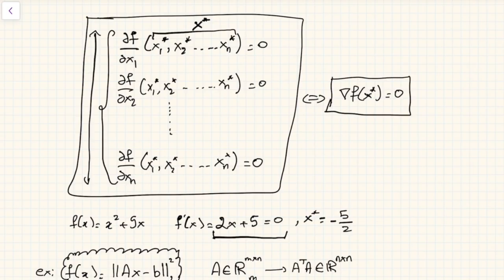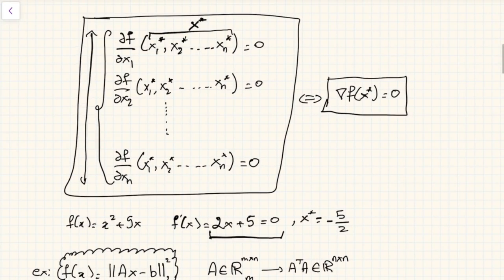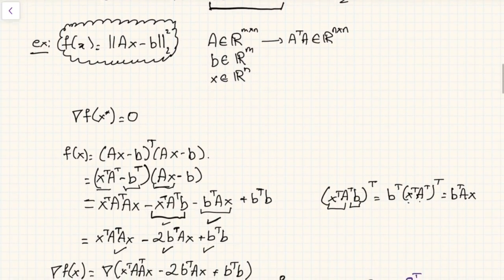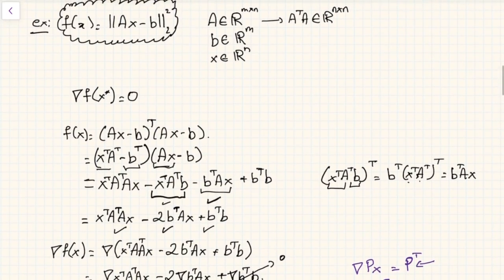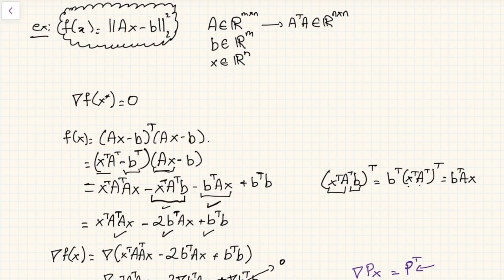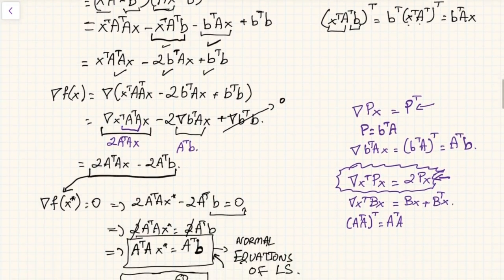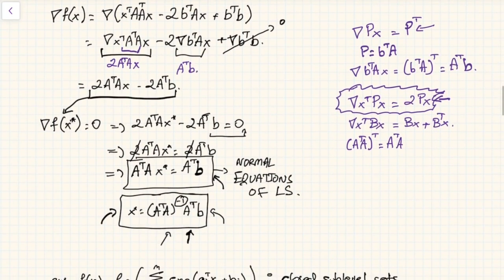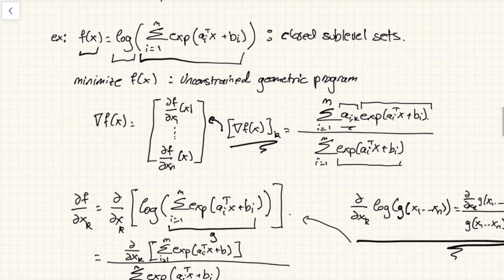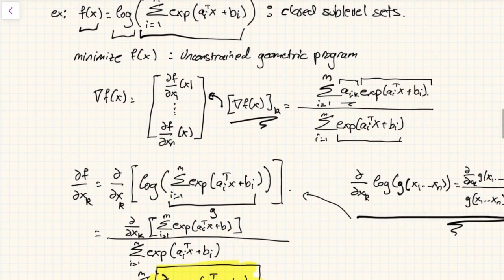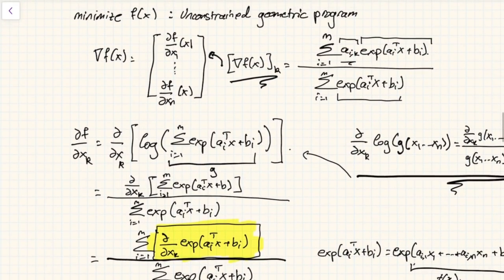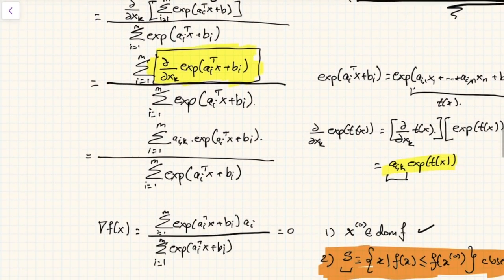All those methods will rely on one thing. The core essential of each of those algorithms is working with the following system of equations, setting the gradient to 0. We gave an example where you could derive explicit closed form solutions from f of x, such as the least squares. It does have an explicit closed form solution. But others, unfortunately, do not have closed form solutions, such as the unconstrained geometric program. It doesn't have a closed form solution, so we should resort to iterative methods.